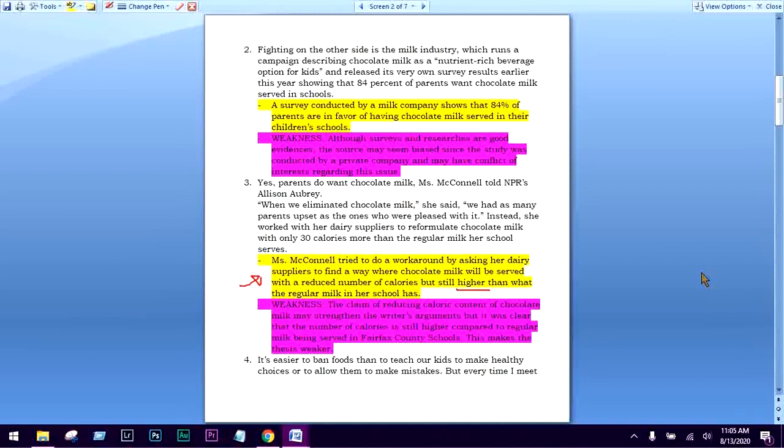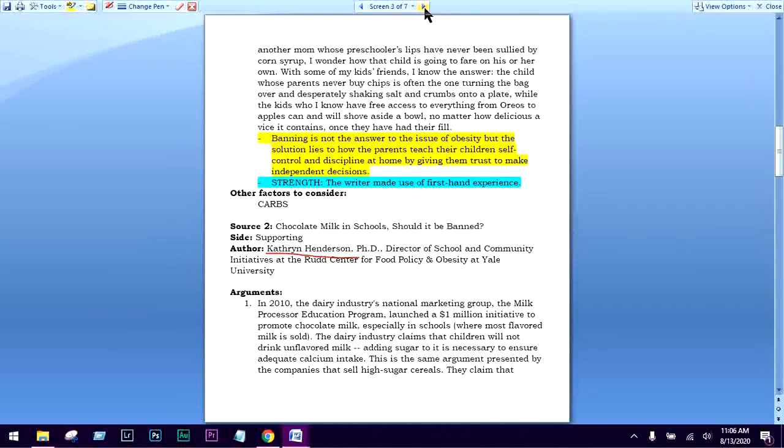I don't know, but yeah, KJ. So she's not really good in establishing her arguments because she's trying to point out the flaws. All right, even though she's against banning chocolate milk, she's still pointing out that chocolate milk is still higher number of calories, which makes her argument very weak.